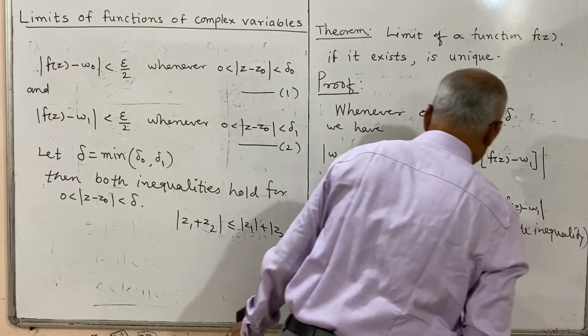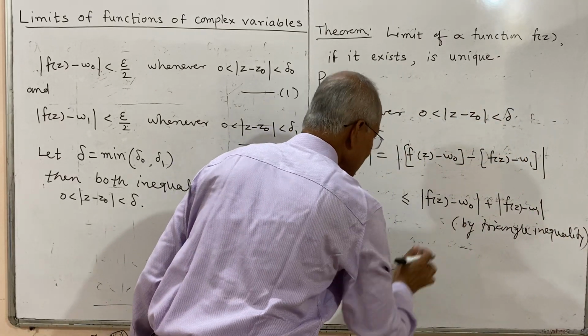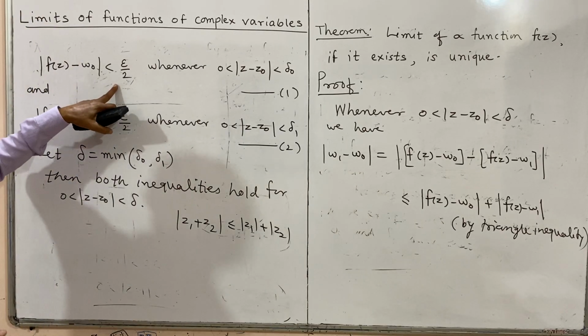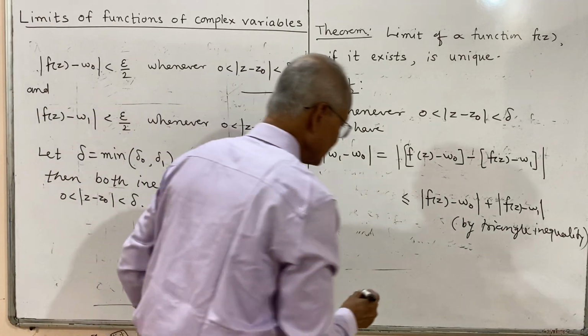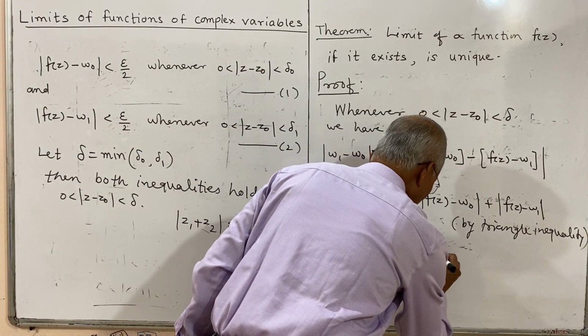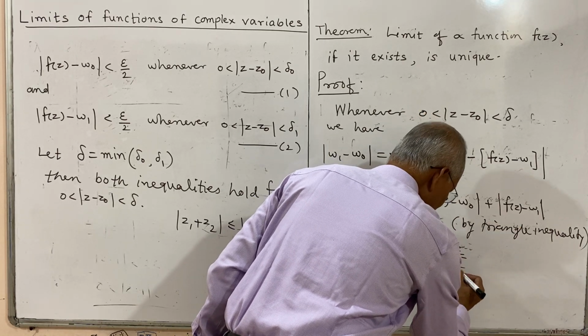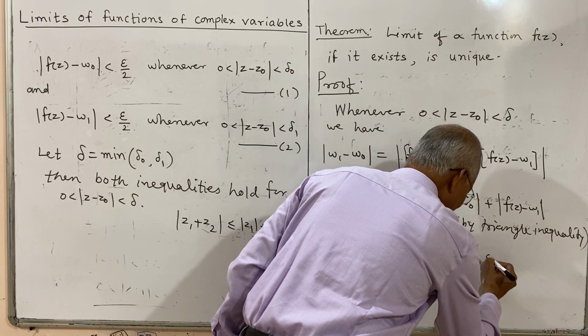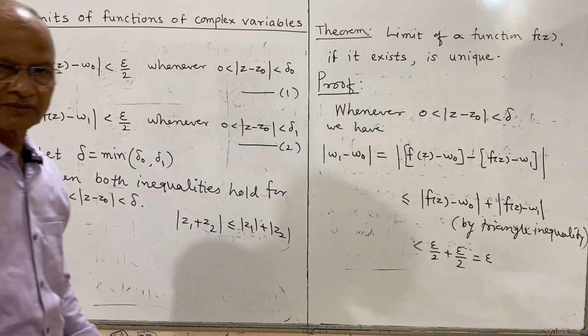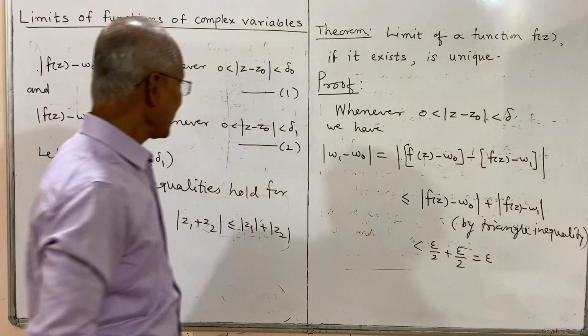And you see, what about this? This quantity is less than epsilon by 2, and the second is also less than epsilon by 2. Epsilon by 2 plus epsilon by 2 is epsilon.